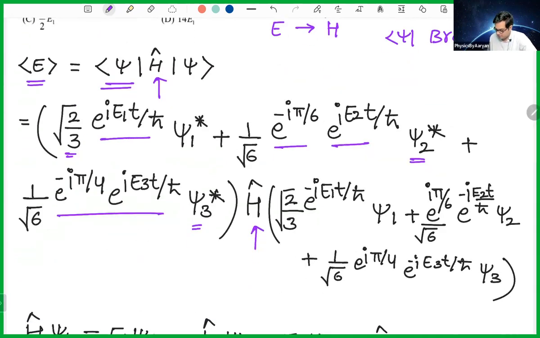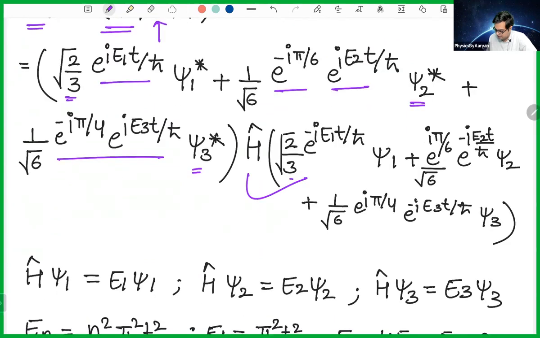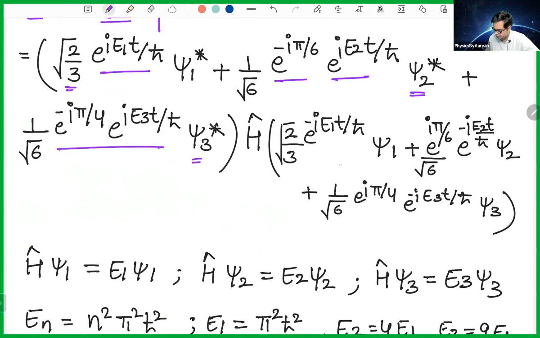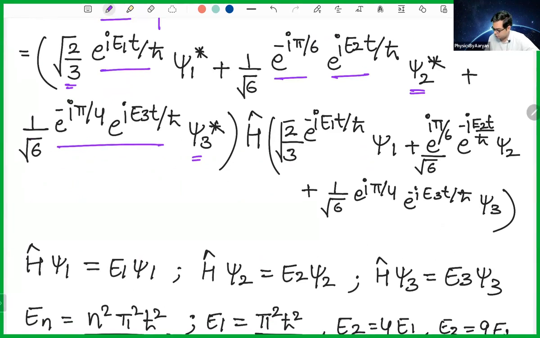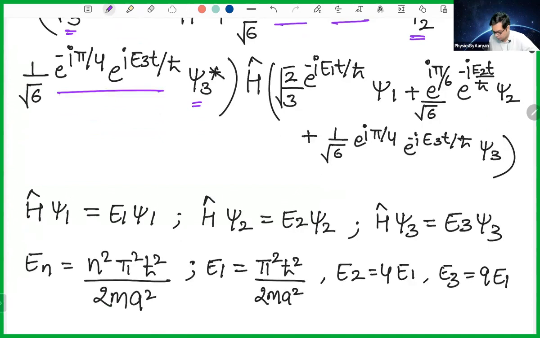Anyway, now this H cut will act on this, so this operator will act on this. So this H cut will operate on phi1, then this H cut will operate on phi2, and this H cut will operate on phi3. So when H cut operates on phi1, what happens? Let's say you are in state phi1, and H cut operates. What is the meaning of H cut operate?